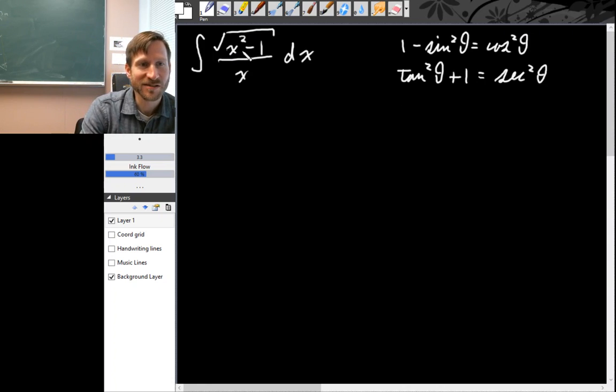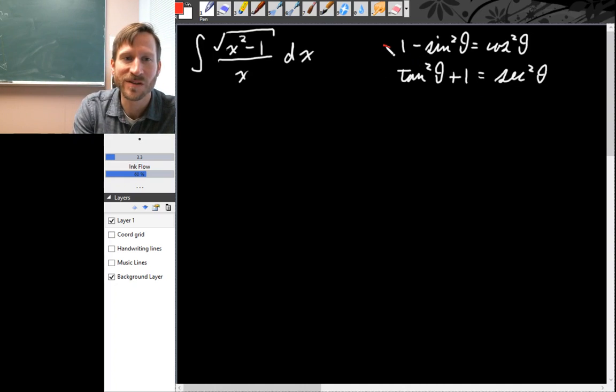So just like in the last two examples, this x squared minus 1 part maybe makes us think of Pythagorean trigonometric identities. But if you look at the two identities we used in the previous examples, in the first one with sine and cosine, the negative is on the variable part, but in our integrand, the variable part is positive.